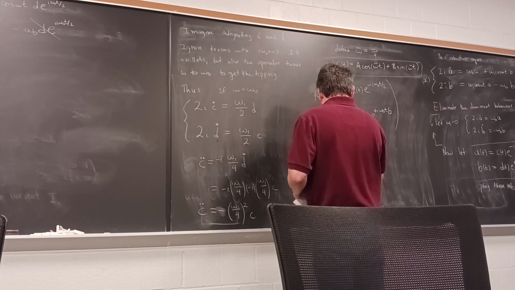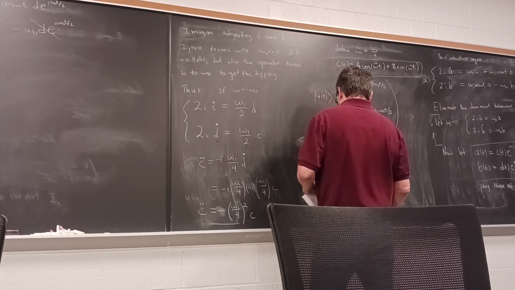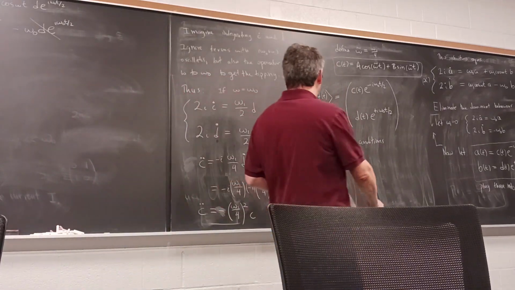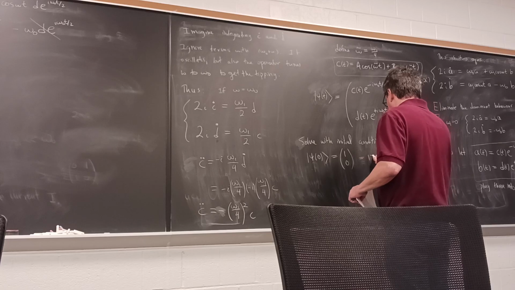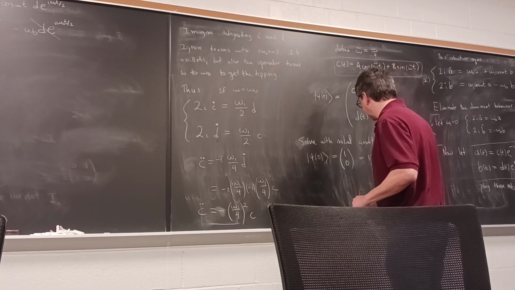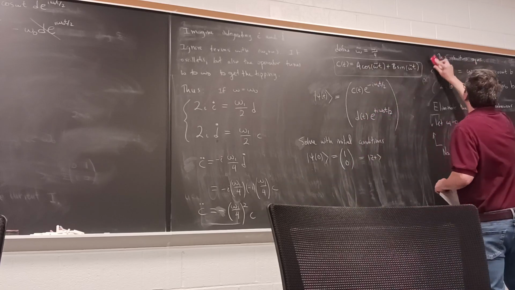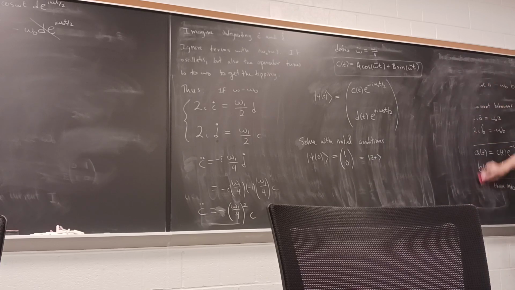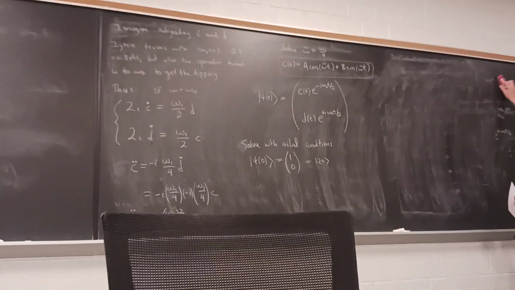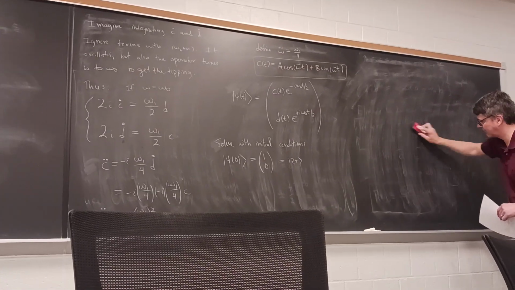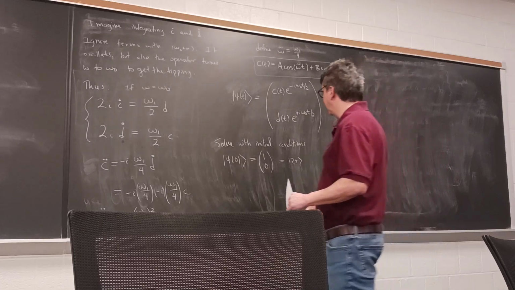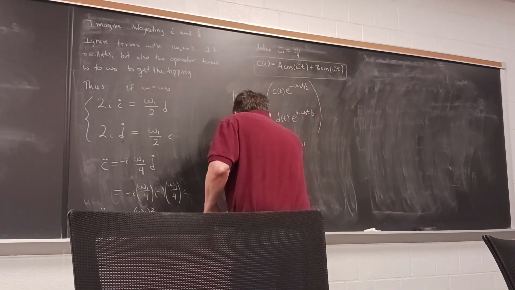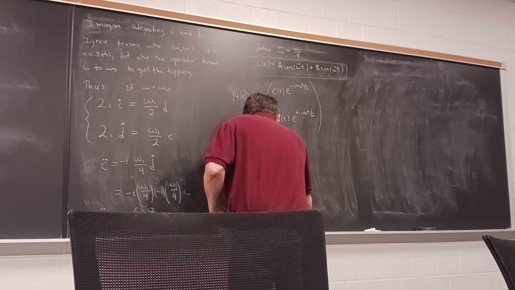So let's put in psi at time 0 is 1. So this means we start off in the z plus direction. Okay, so at time 0, that means we need c of 0 equals 1.